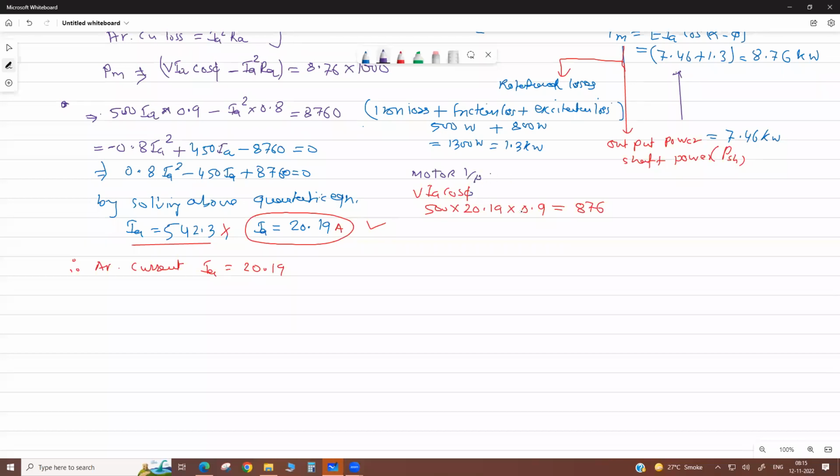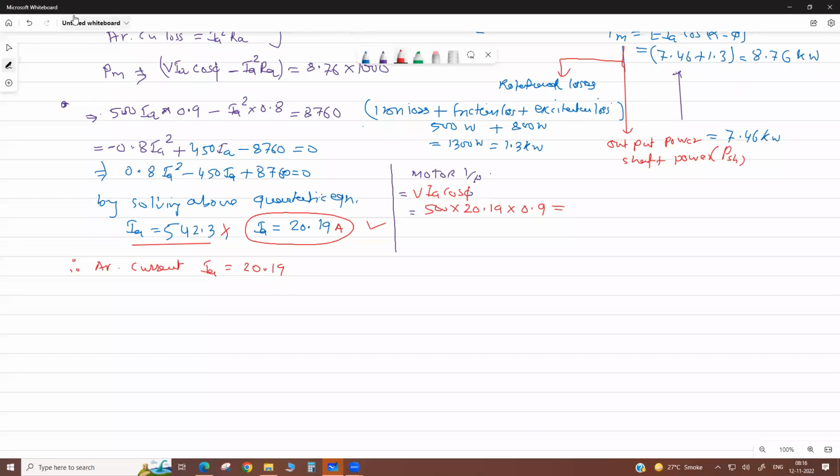So motor input is 500 into 20.19 into 0.9.